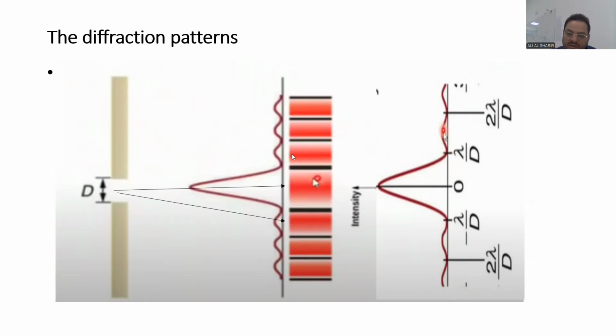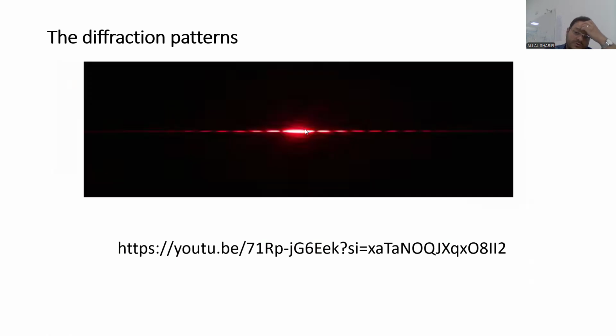After our experiment, after doing the laser diffraction using a very tiny wire, we watched this pattern shape on the screen like that.